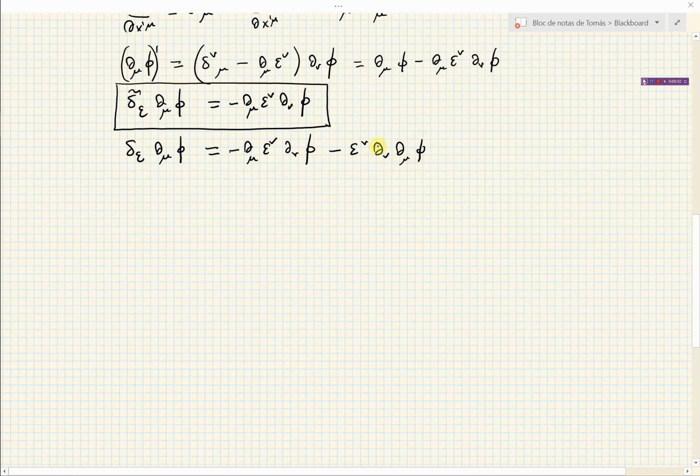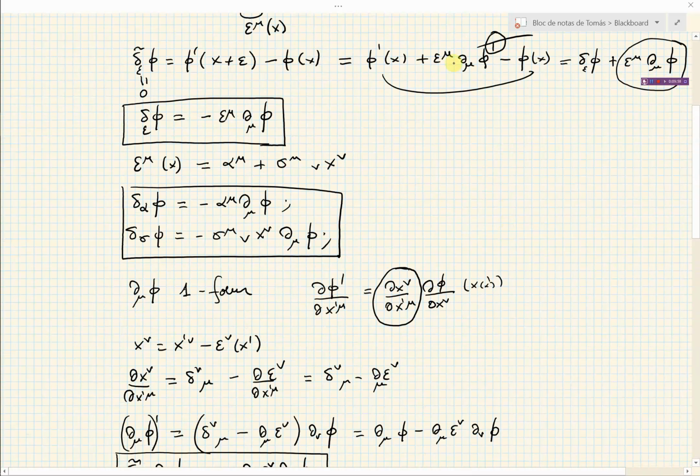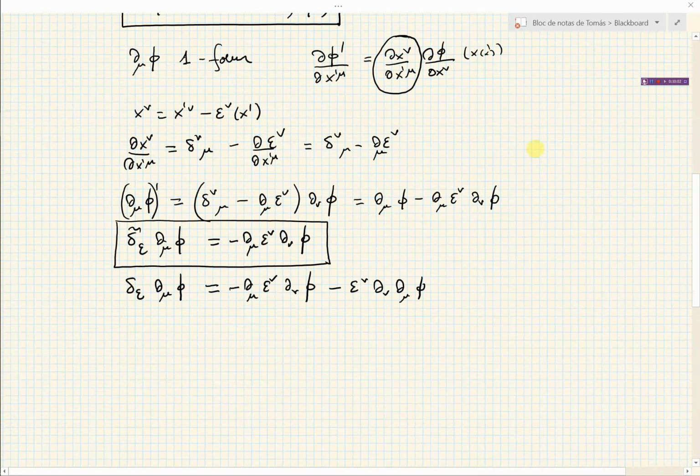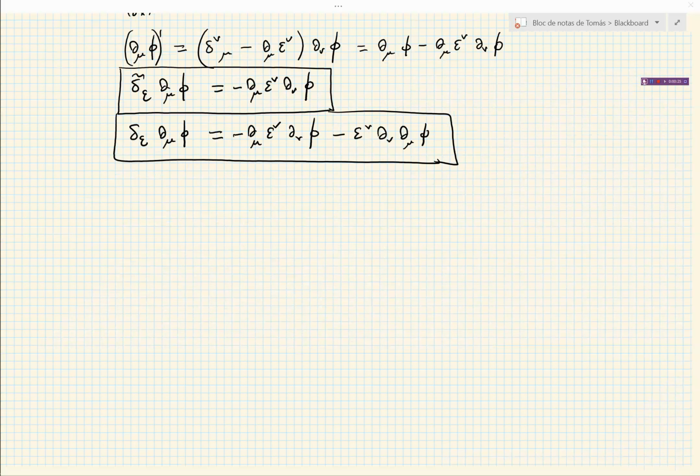Now I have written just a different index instead of mu, that I used here. Here I used mu, but since mu is already taken, I am using epsilon nu, and this is the infinitesimal transformation rule for the derivative of phi.